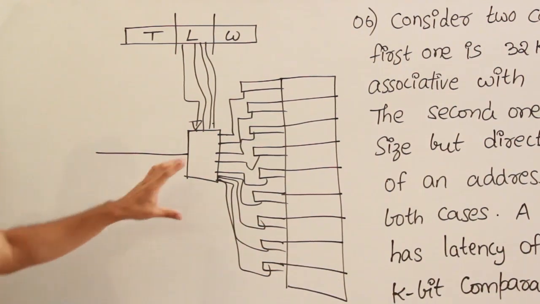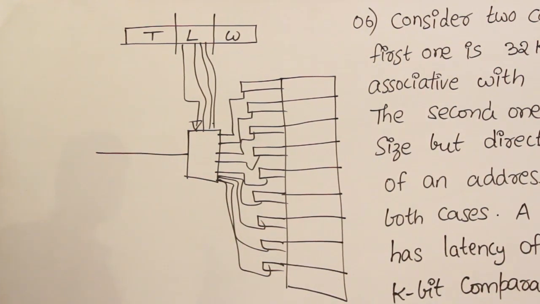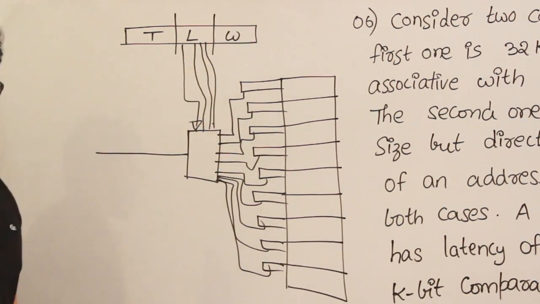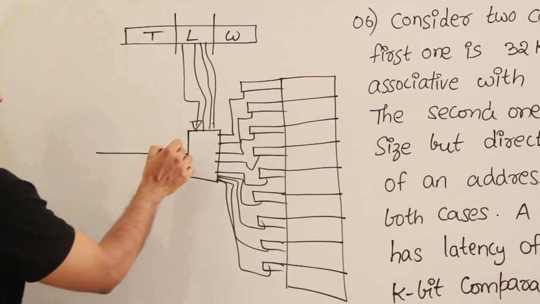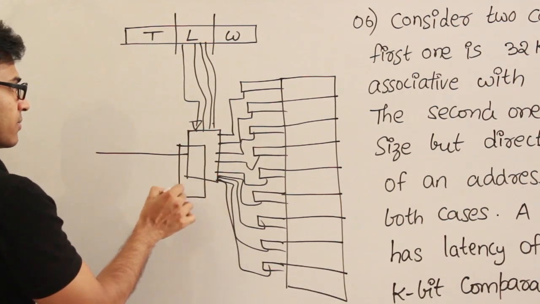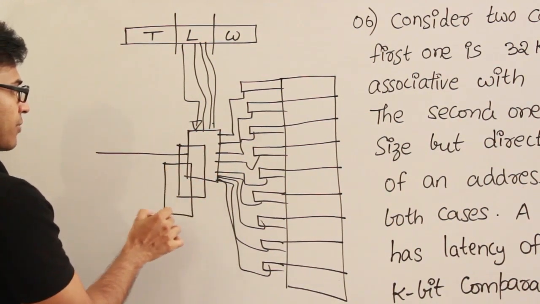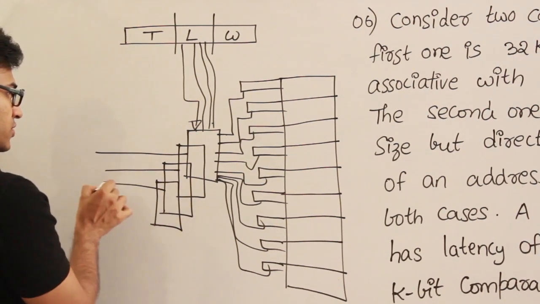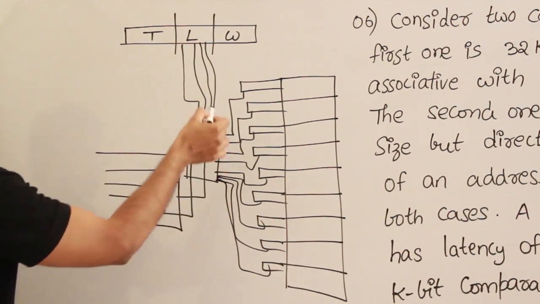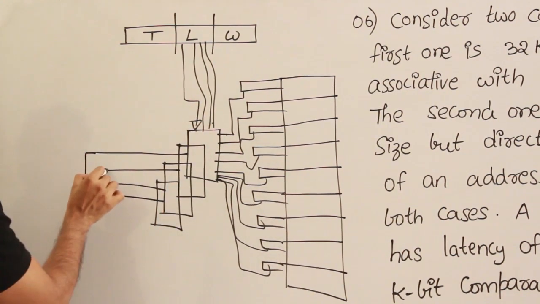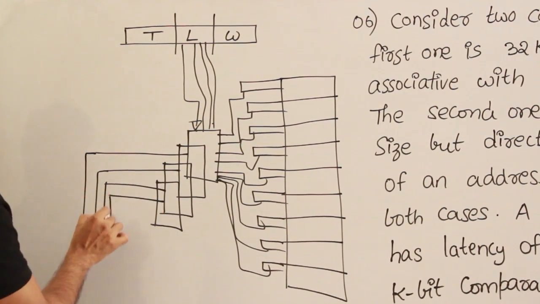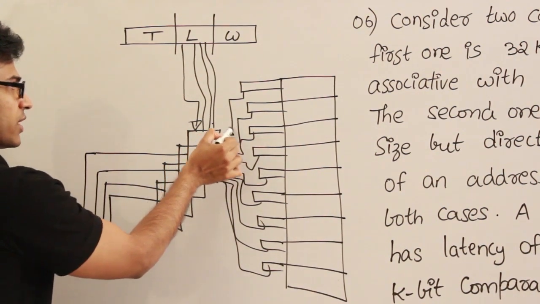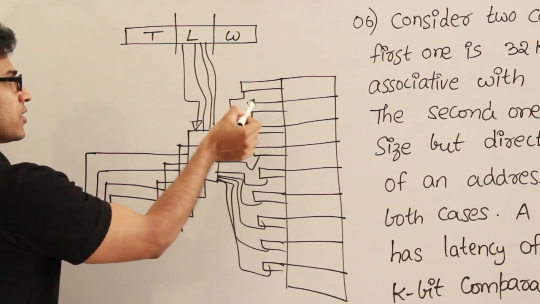But the problem with this multiplexer is it can read only one bit from the tag. If you have lots of bits in the tag, in order to read every bit we have to have more than one multiplexer. Therefore, I am going to have lots of multiplexers, and each multiplexer is going to produce one bit, and all of them put together are going to produce the tag bits. It is possible because every multiplexer can be configured to read one particular bit of the tag.